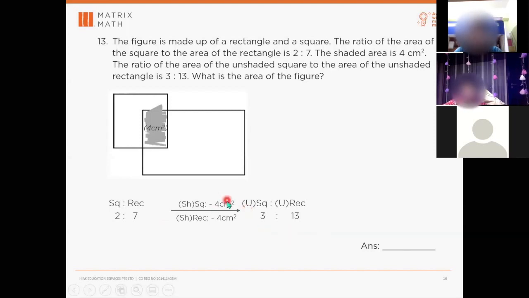Now, what do you realize about these two values? They both minus 4. So you see, when the changes for both groups involve the same value, what remains unchanged throughout?